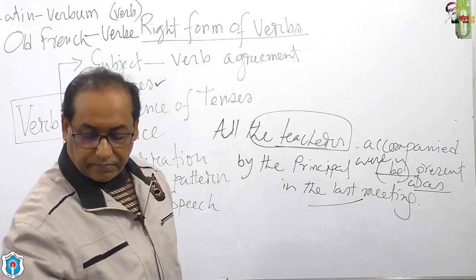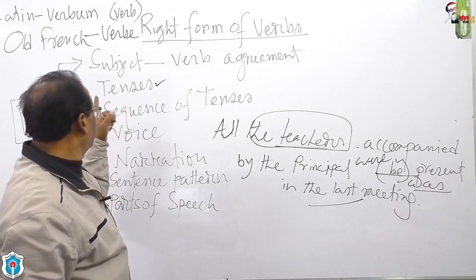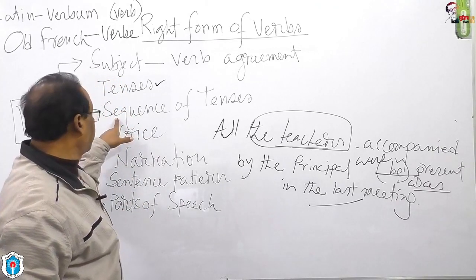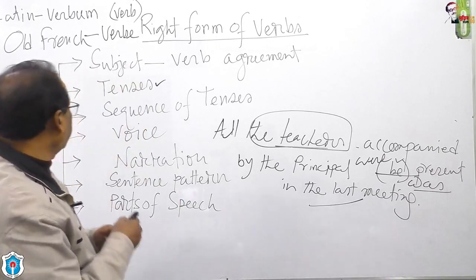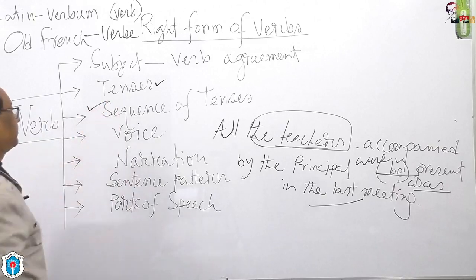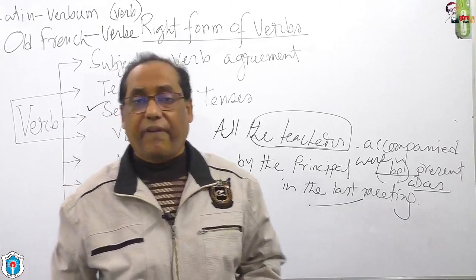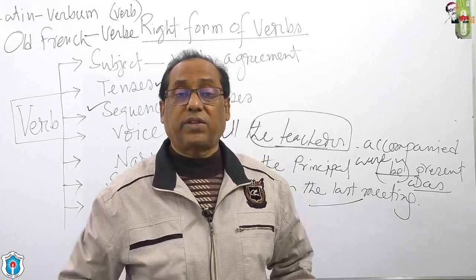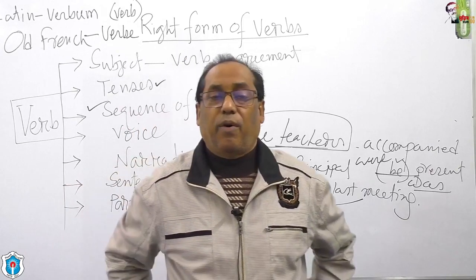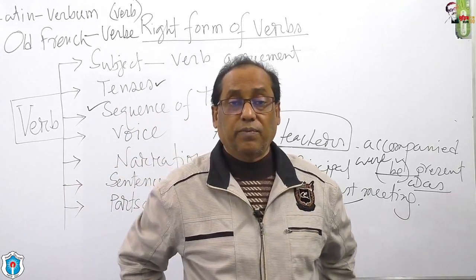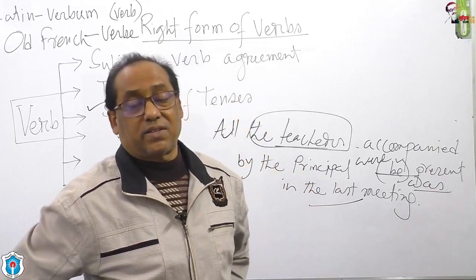Okay, so I want to move to another point, that is sequence of tenses. What is sequence of tenses? It is another important factor, another important item to know right form of verbs. Do you know what the sequence of tenses mean?